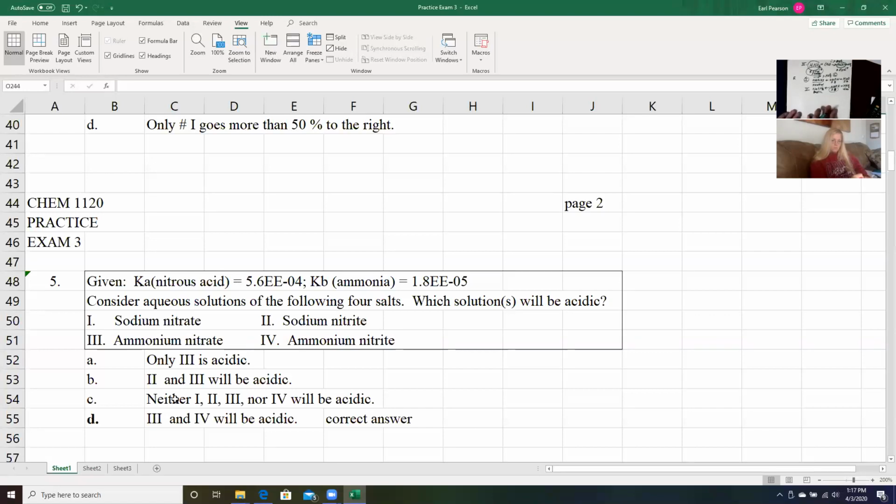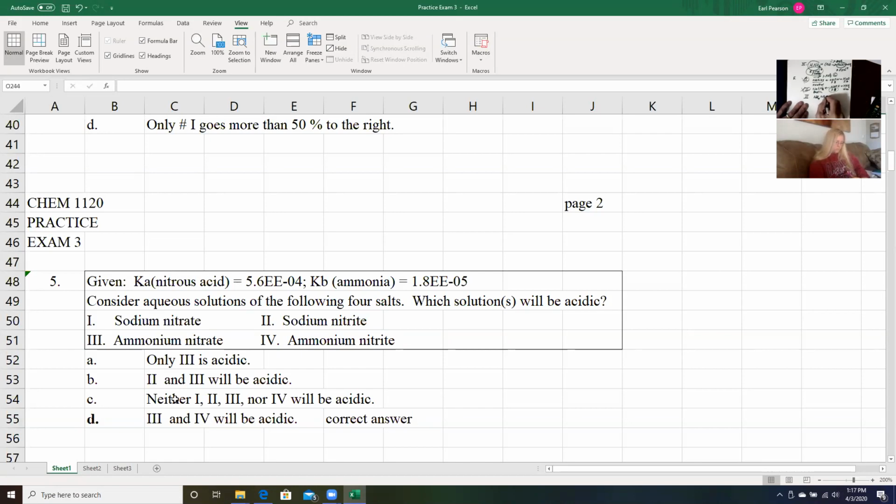All right, so neither one of these two is correct. This one is neutral and this one's basic. What about number 3? Let's go to number 3 first, because that'll be the easiest one. Number 3 is going to be ammonium nitrate, NH4NO3.